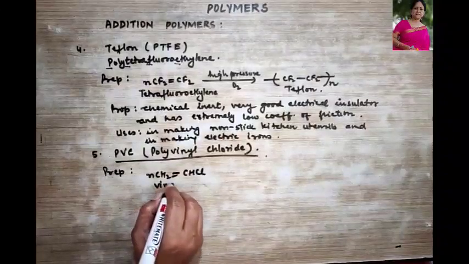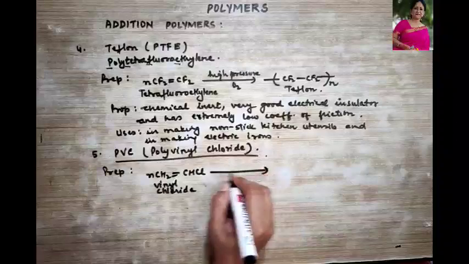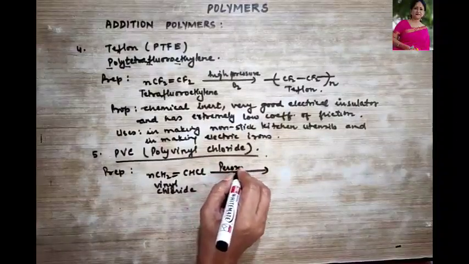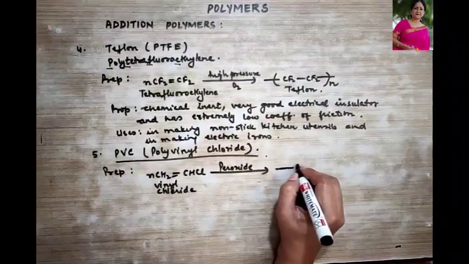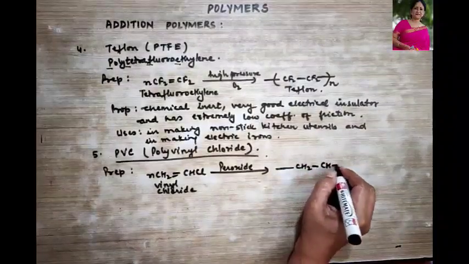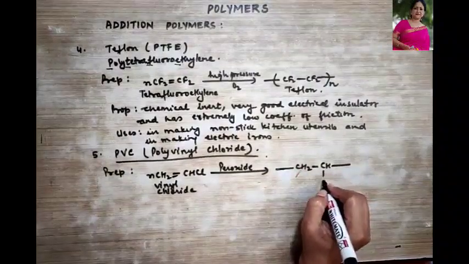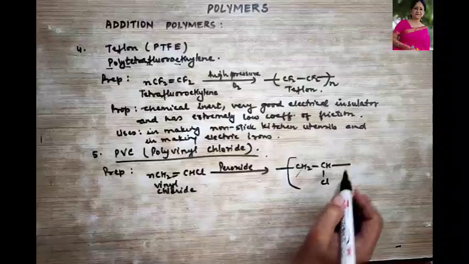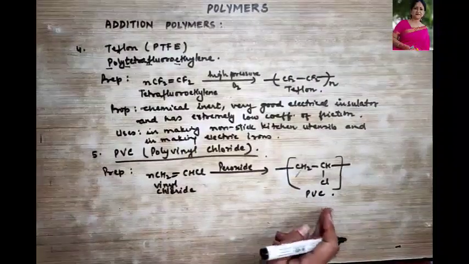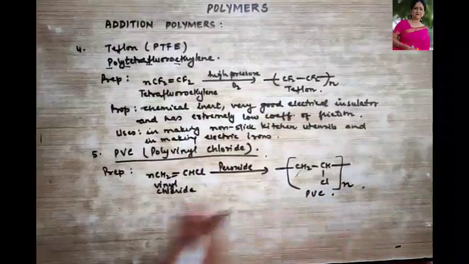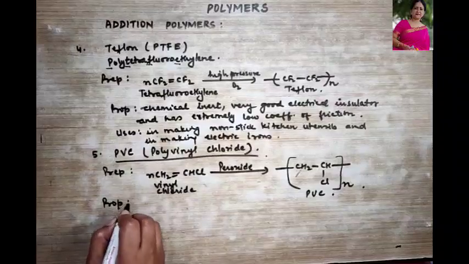This is your vinyl chloride. Okay, this under the presence of peroxide, it is polymerized, right, to give us (CH2-CHCl)n. What is this? This is your PVC, polyvinyl chloride. Polyvinyl chloride.